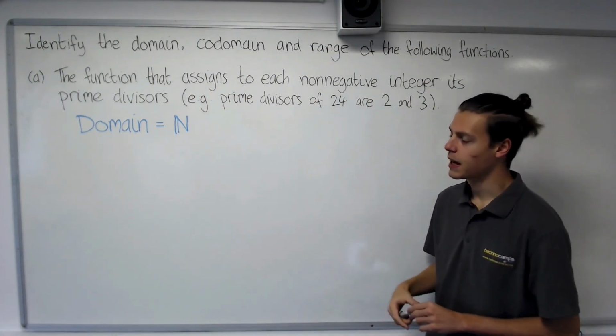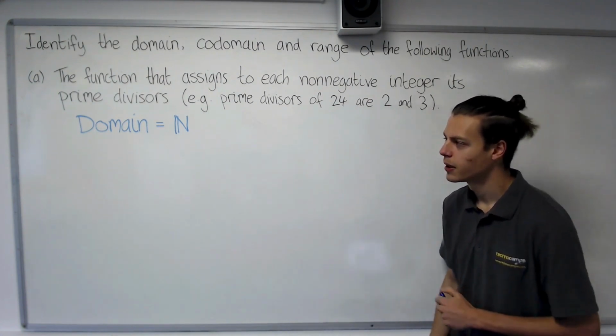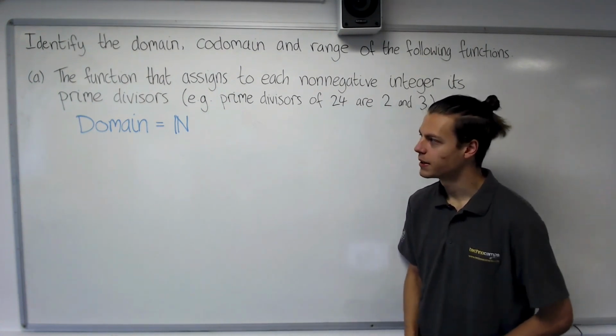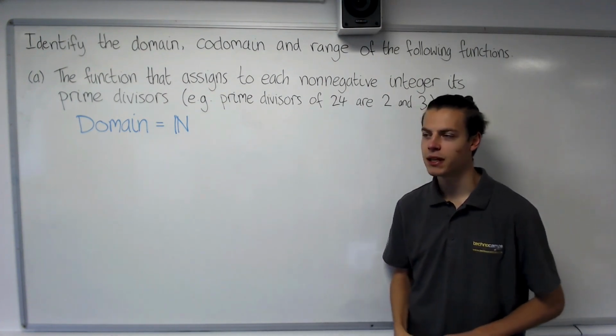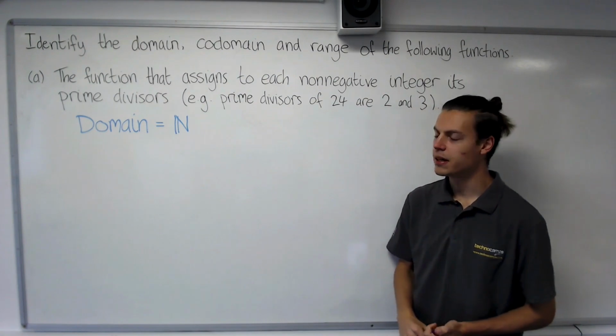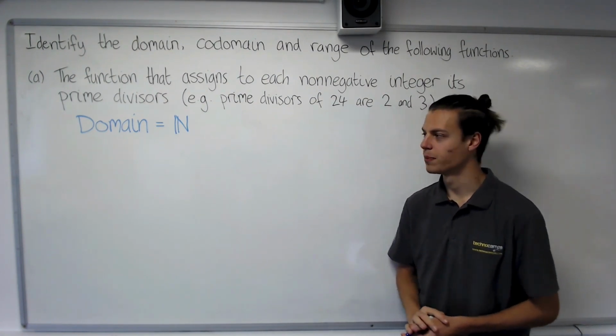And the function outputs a set of prime numbers, right? So the codomain, this could possibly output any set of prime numbers, right? So the codomain will be the set of subsets of primes, right?